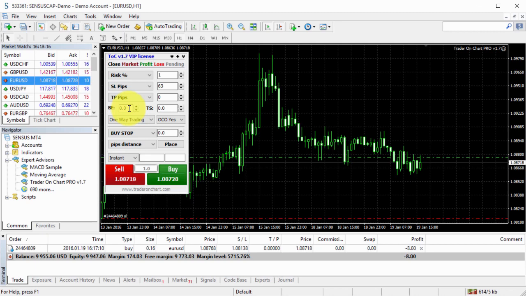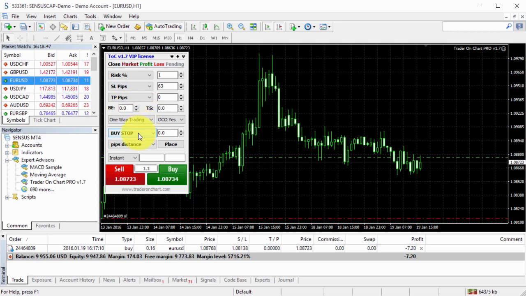So if the price reverses and gets back at you and closes your trade at break-even, then you would get your order closed in a small profit just to cover the expenses of your commissions and swap. This is quite a good feature, and clients really love it. People love this because you don't need to figure out how many pips to add in profit and so on. The application does this for you.